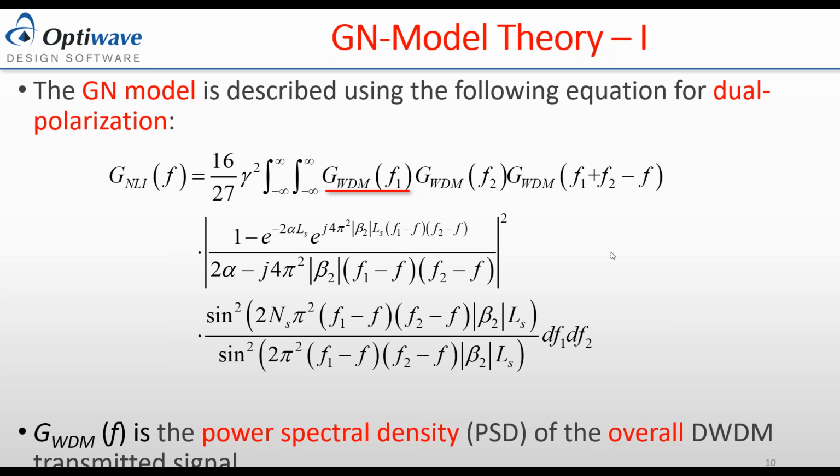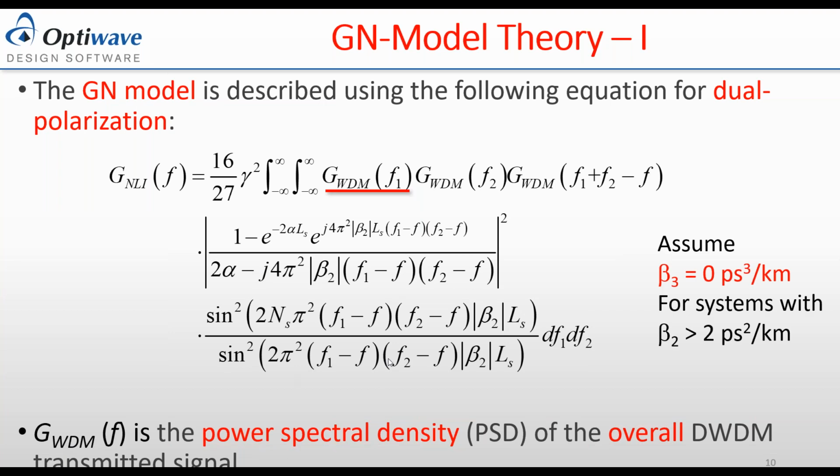The other terms in this equation are created assuming the third-order dispersion equals 0, which is possible for transmission systems with group velocity dispersion above 2 picoseconds squared per kilometer. The other parameters in this equation are the fiber nonlinear coefficient, the length of each span, the group velocity dispersion, and the number of spans.